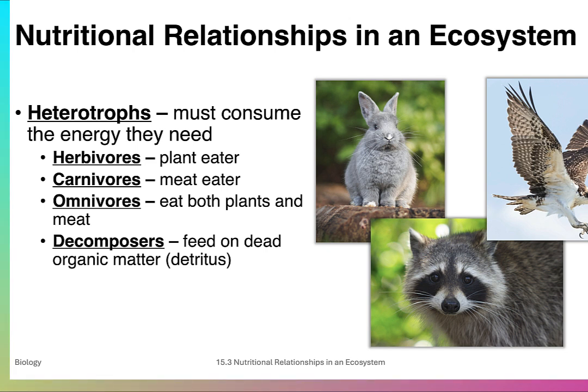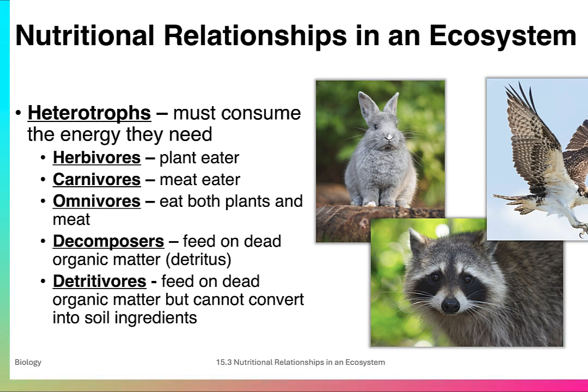Now, decomposers actually are extremely important, because if they did not exist, then we would be surrounded by dead carcasses of both plants and animals. But because of their existence and the fact that they eat these dead animals and plants, we have a fairly clean and pristine ecosystem.